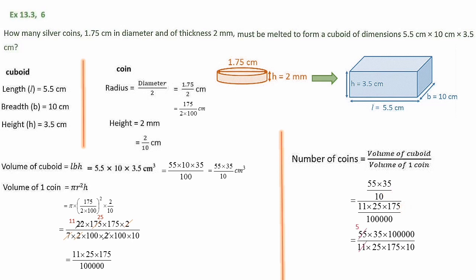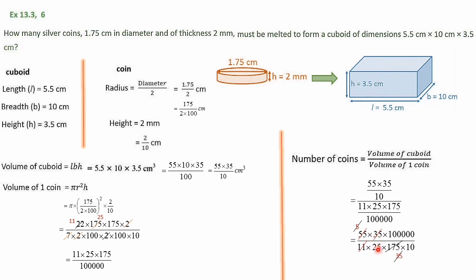That is, we will go for calculation. Here 11 and 55, 5 times will come. Then this 5 and this 175, we can go for 35 times because 5, 15. Remaining 2 balance. 5 3s are 15, 3 is written. Remaining 2 balance, 25. 25 means 5 times, so 35. Then that 35 and this 35 can be cancelled.